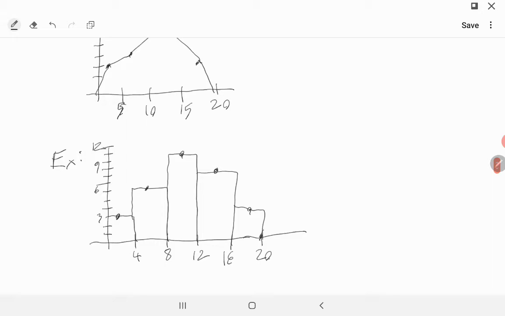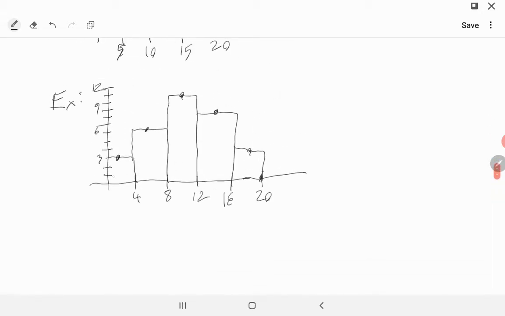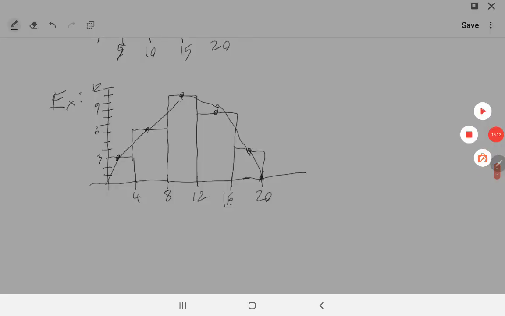Your book usually leaves us some space just to make it look nicer. So we go up, connect the dots.